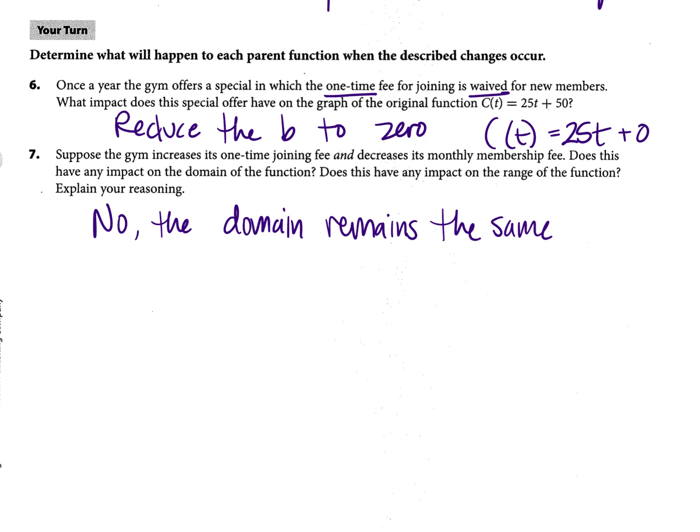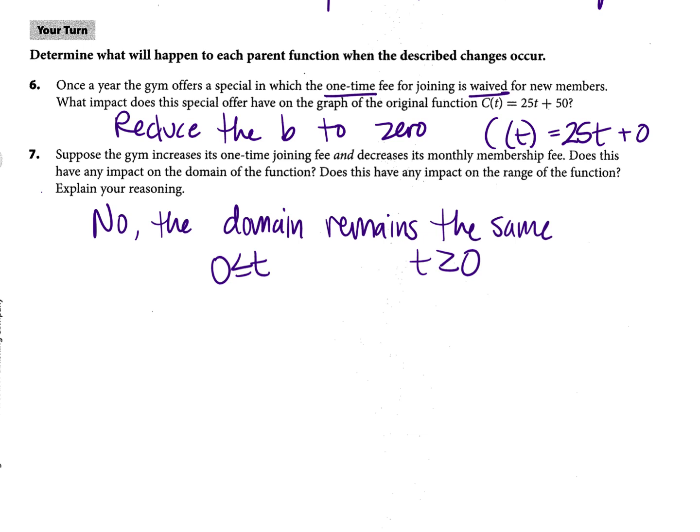We would still want t to be a positive number. You could have 0 months, or it could be more than 0. You could also write it as t is greater than or equal to 0, either one of those.